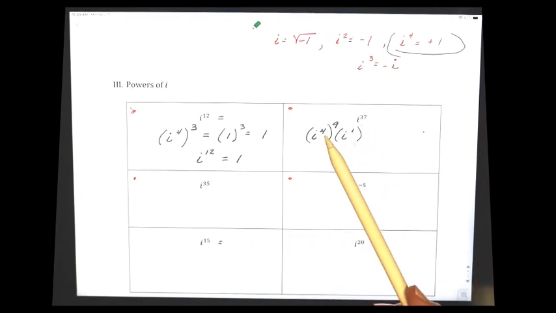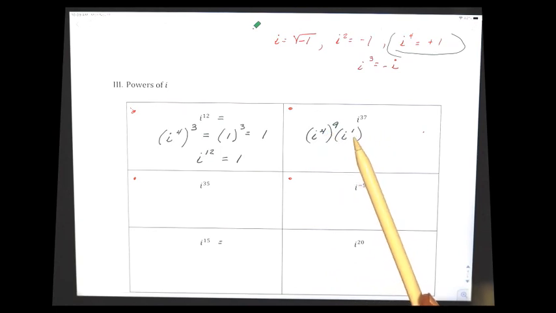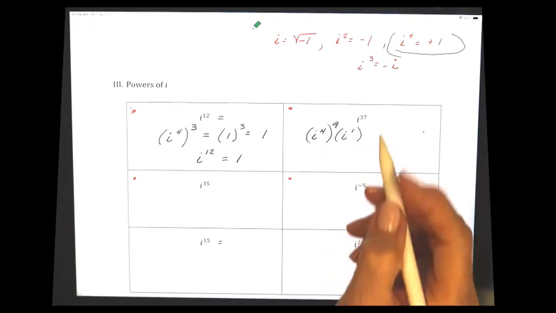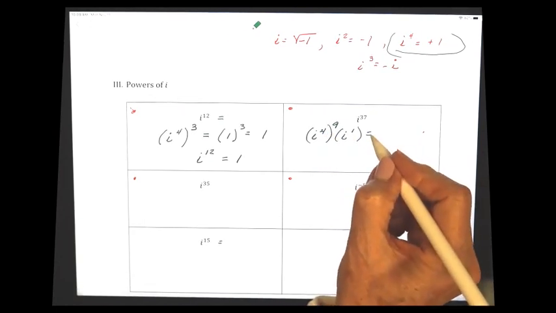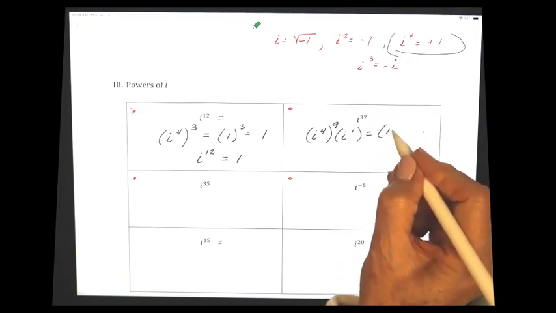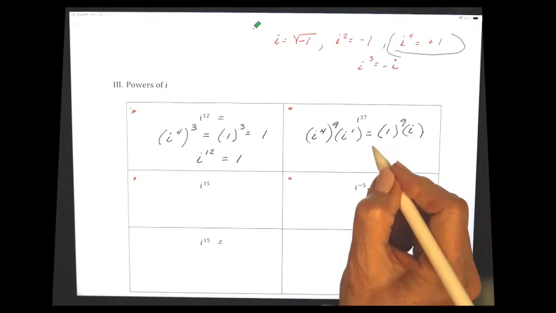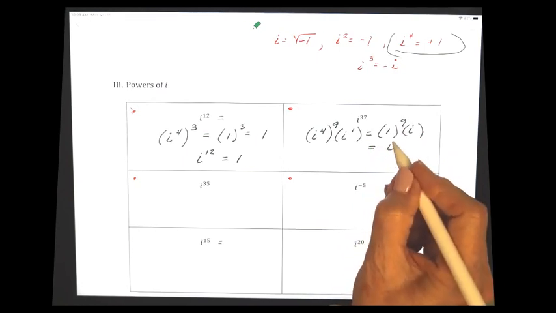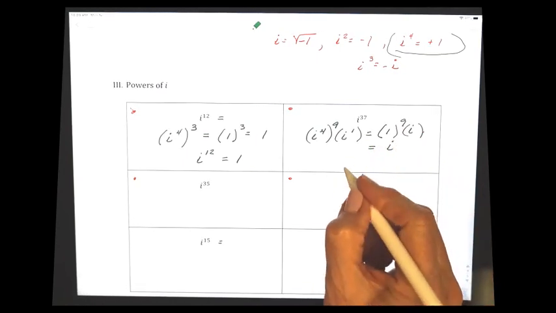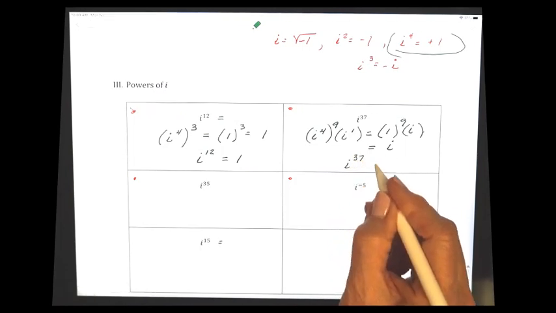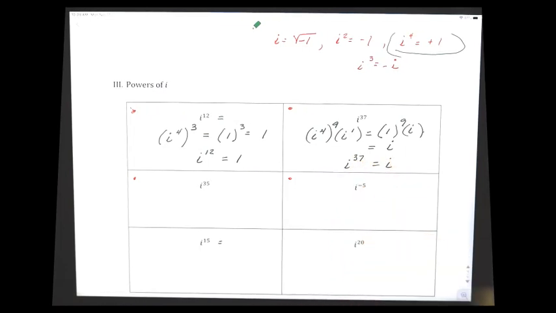So again, you can see i to the 36th here, and here's i to the first, which makes i to the 37th. And i to the fourth is equal to 1. And 1 to the 9th power is 1, and so this i to the 37th simplifies down to +i.